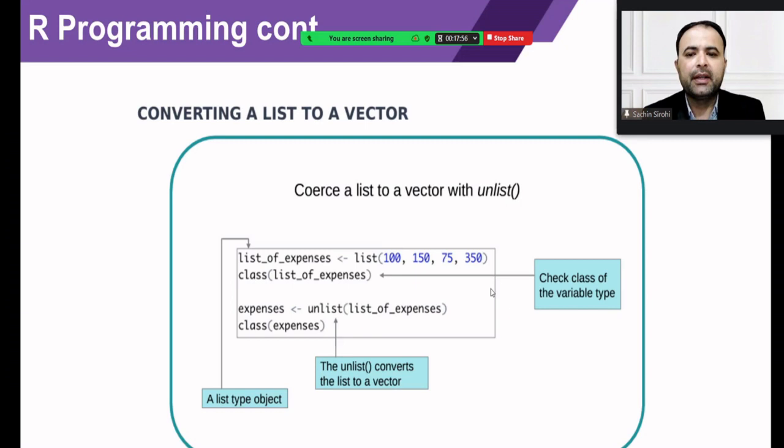Now converting a list to a vector, how can we convert a particular list into a vector? We have class, we can use class to check the type of a particular variable, and we can use a function named is list.